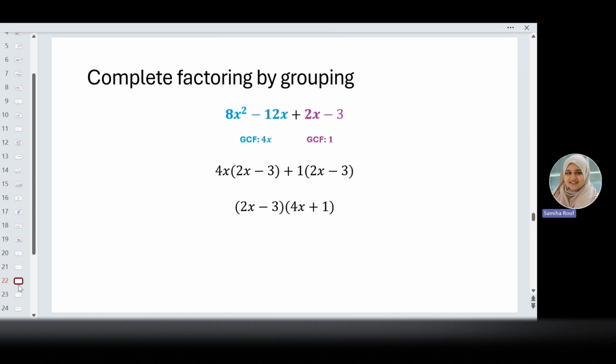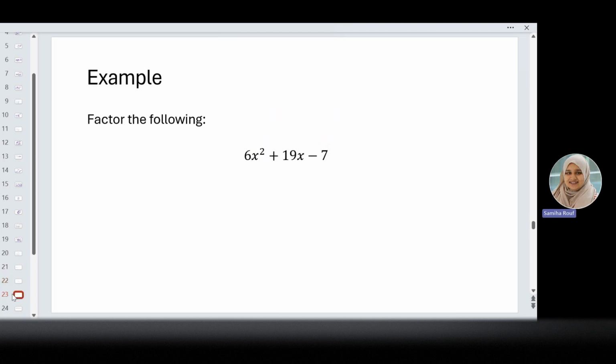Okay, so let's now go over this example using the same method. We have 6x squared plus 19x minus 7. So our A is 6, our B is 19, our C is -7. So A times C, we have 6 times -7. That's going to be -42.